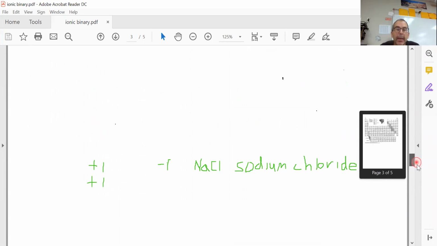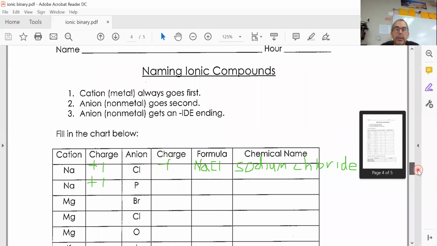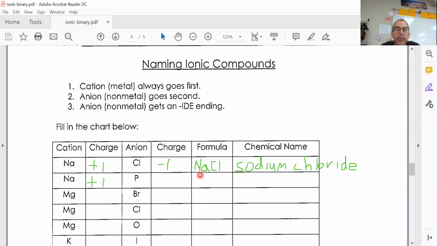So I'm going to move back here, better line things in their position. Okay, that looks pretty good. And I'm going to change this, that's not a plus, that's a -3. So the metal is a plus, the nonmetal is a -3.